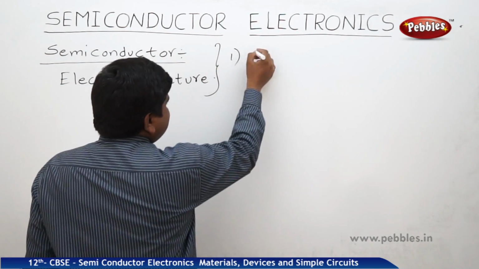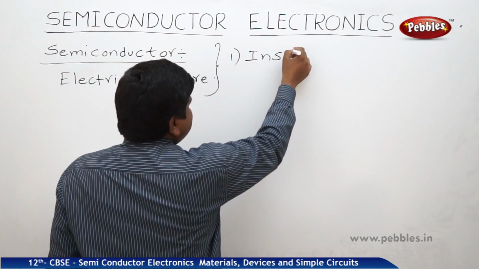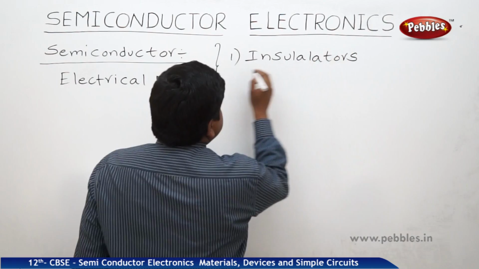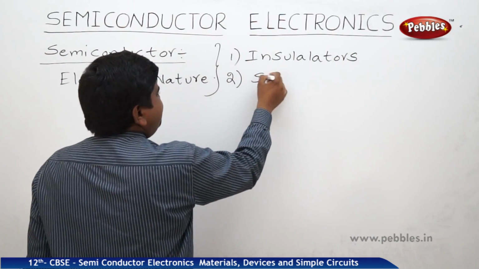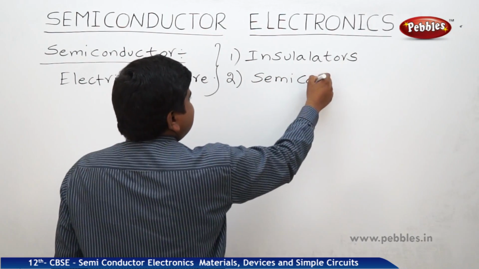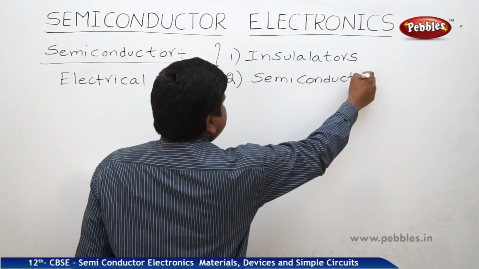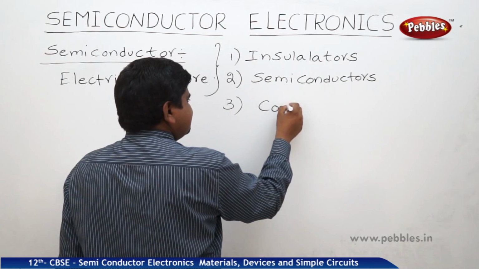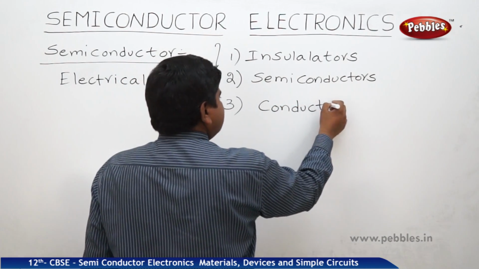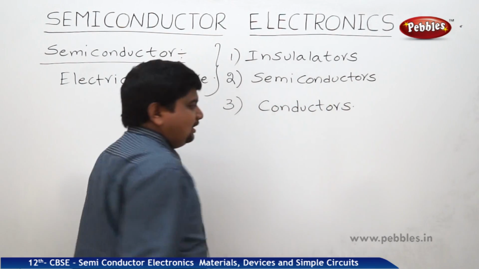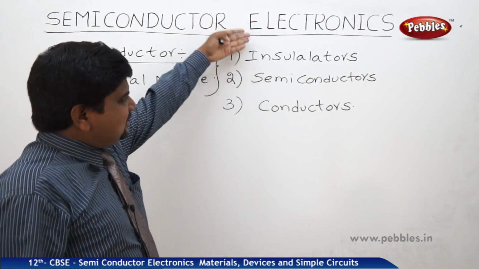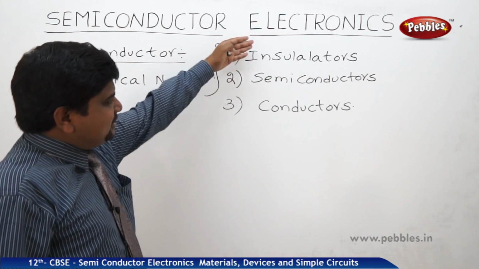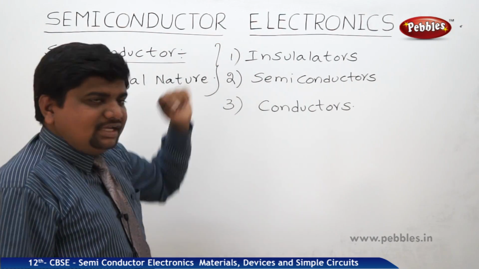First one is insulators, second one is semiconductors, third one is conductors. This list can also be written as conductors, semiconductors and insulators, but there is an order to write it, either from insulator to conductors or conductors to insulator.